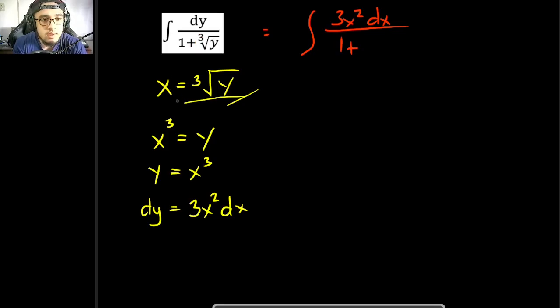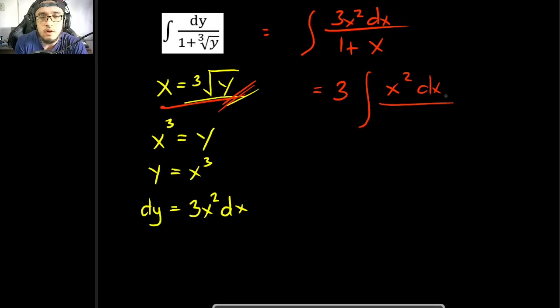That is this one, so 1 plus x. Okay, so simplifying this, segregating this value of 3, this is equal to 3 times the integral of x squared dx over 1 plus x, or let's say x plus 1. This is basically the same expression, rearranged.